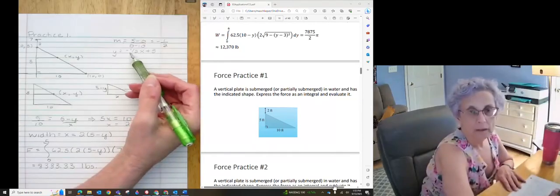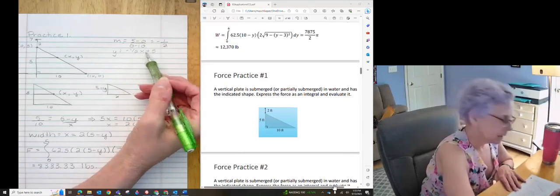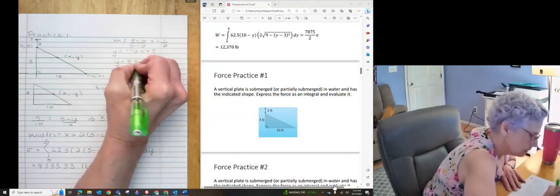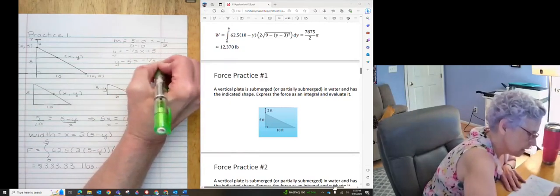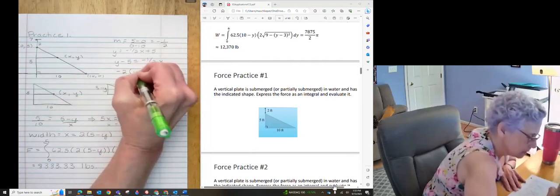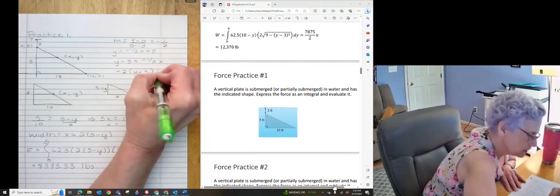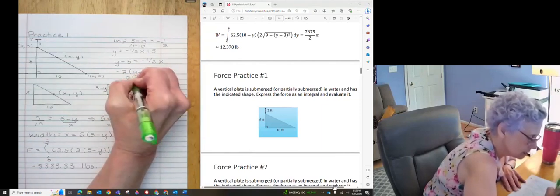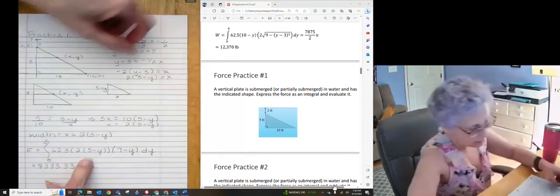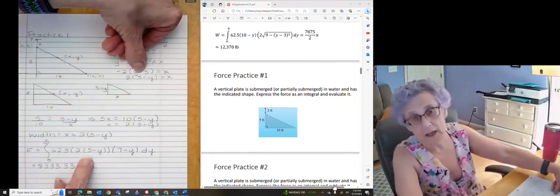I have y equals negative 1/2 x plus 5, so y minus 5 is negative 1/2 of x, so negative 2 times y minus 5 is equal to x, so 2 times 5 minus y is equal to x, which is exactly what I have down here.